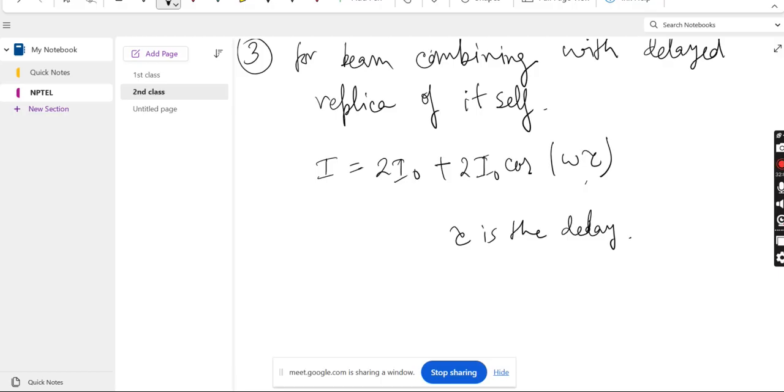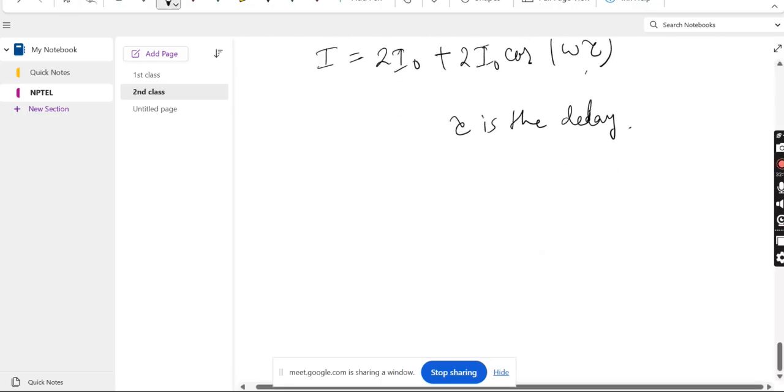So let us discuss some problems. These problems are almost similar to the ones asked in the assignment. So I hope that will help you.